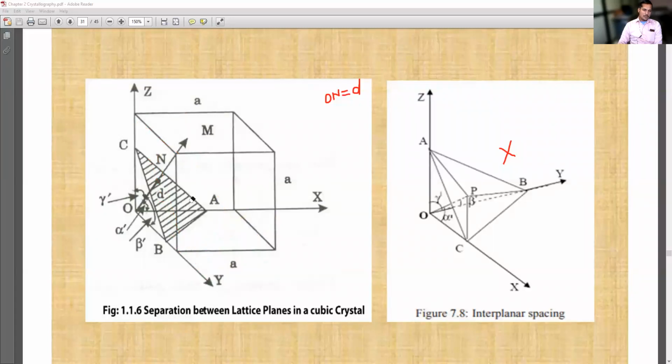Then the angle between this capital ON and OA is alpha dash, then beta dash between ON and OB, and gamma dash, that is between ON and OC. So these are the angles alpha dash, beta dash and gamma dash, and these are the intercepts, that is OA, OB and OC. The side of the unit cell is small a as usual.